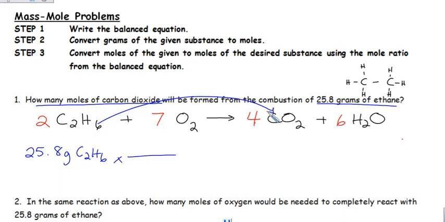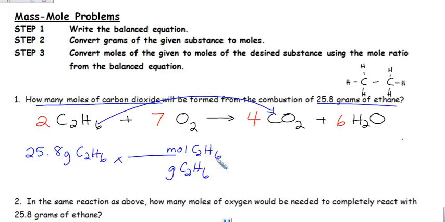So now if your original number is grams, we need to get it out of grams. And we need to turn it into moles. Oh, so again, the mole calculation, it never leaves you. It stalks you forever. The periodic table gives me molar masses.